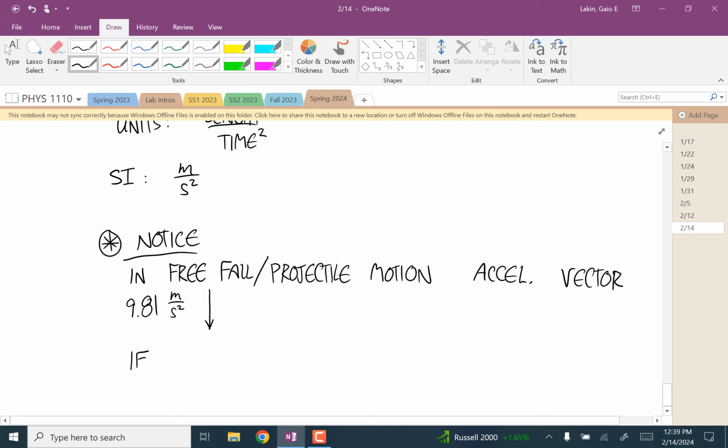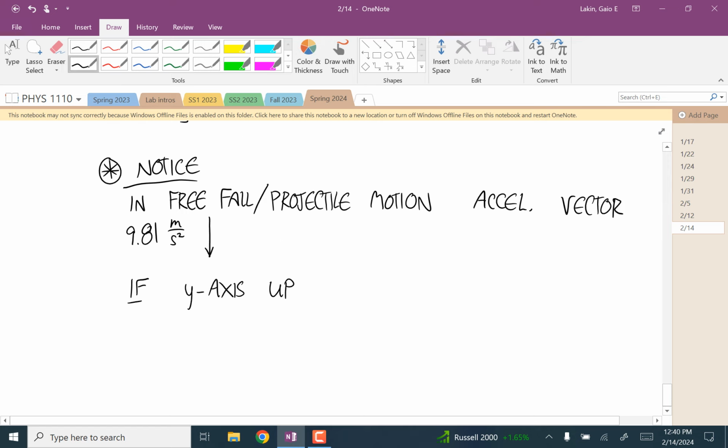And if you choose your y-axis to be up, then the components of this are 0 for the x component and negative 9.81 for the y component.